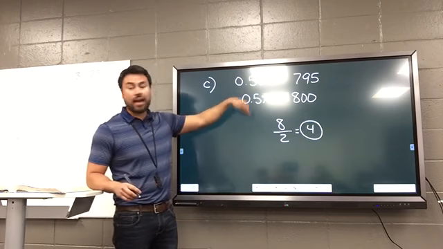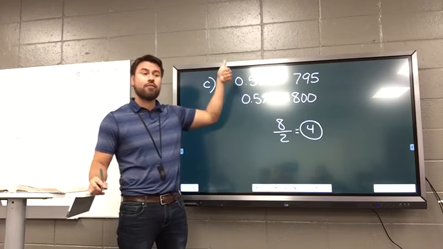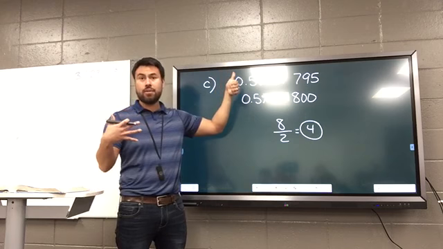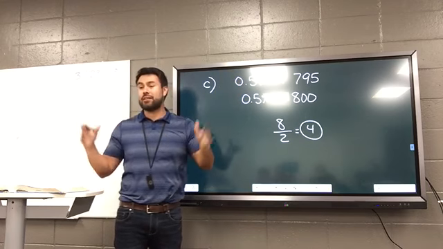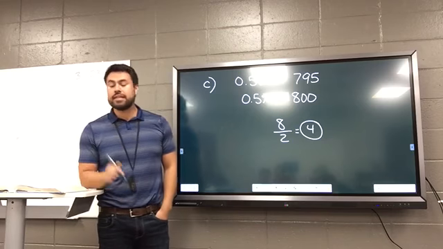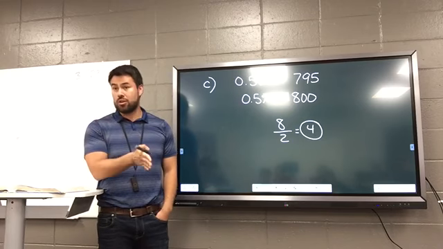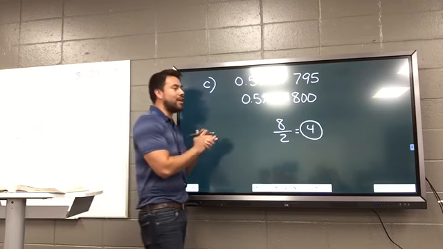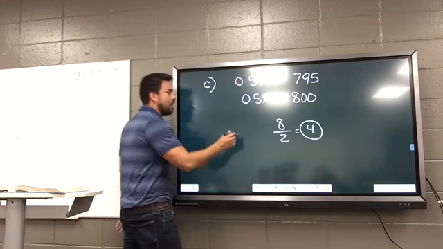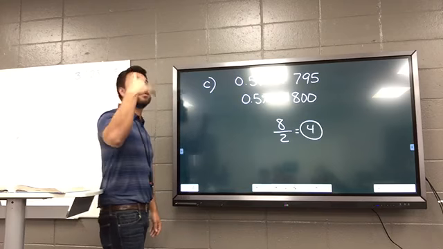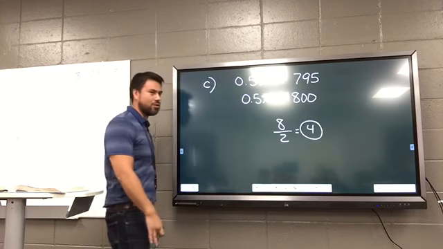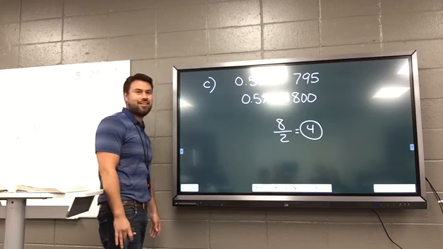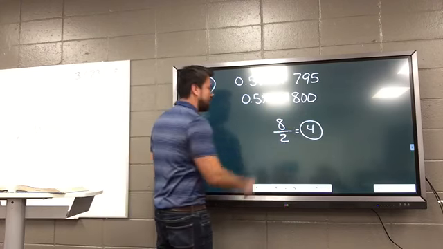You can either go down 0.5% or go up 0.5% on interest on a home, and that has a big impact. In fact, on most homes, several tens of thousands of dollars. Okay, anyway, 4 is our answer.